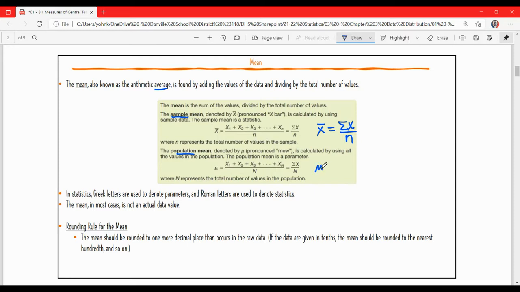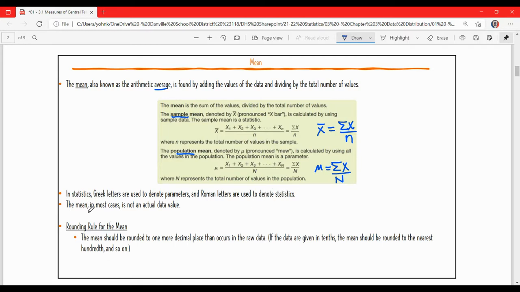So the mean mu is equal to the sum of all the x values, this time divided by a capital N. The n's mean the exact same thing, whether big or little, and x bar and mu mean the exact same thing. It just depends on whether you're talking about a sample or a population. In statistics, Greek letters are used to denote parameters, and Roman letters are used to denote statistics.